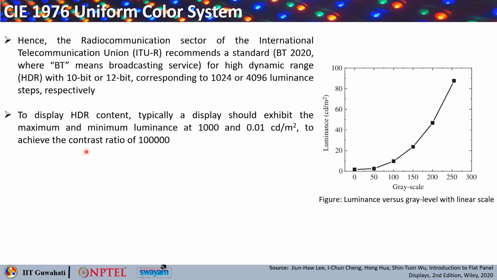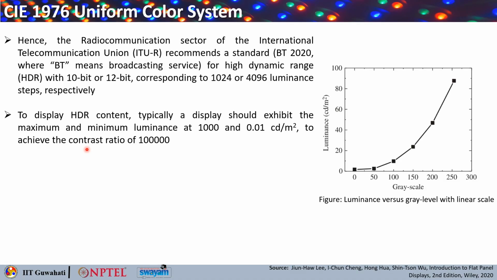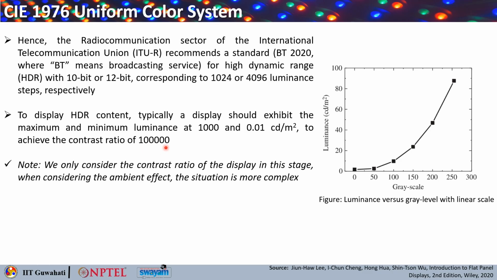So if you want to display HDR content, that is the high dynamic range content, typically your display should exhibit the maximum and the minimum luminance at say 1000 candela per meter square, and the lower one, the minimum one, should be around 0.01, so that you can hit a contrast ratio of around 1 lakh, right. So we only consider the contrast ratio of the display in this particular stage.